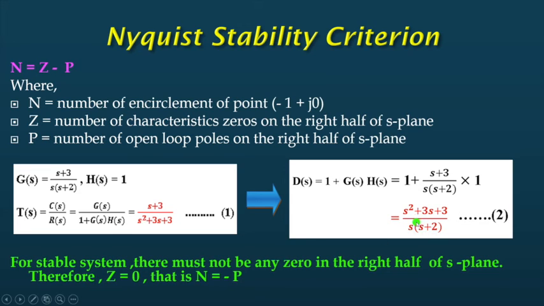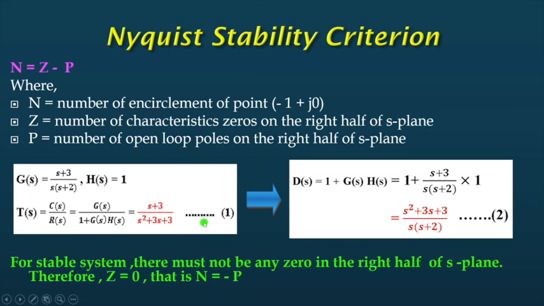That means these characteristic poles are equal to the open loop poles of this system. So that's why P is the number of open loop poles, because the open loop poles and characteristic poles are the same.